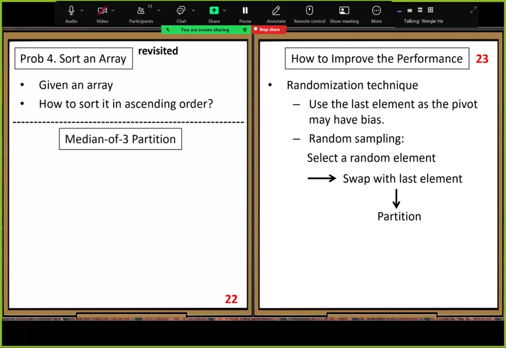But when we did the experiments, I remember I assigned a project before where students should implement the algorithm with and without randomization. The result is, if you use random data, generated randomly, this modified method performs slightly worse than the standard one, because you need to do an extra randomization step.